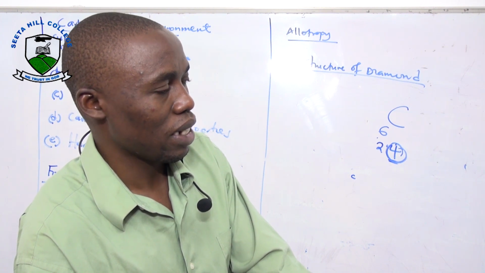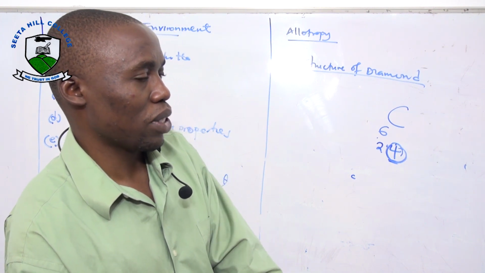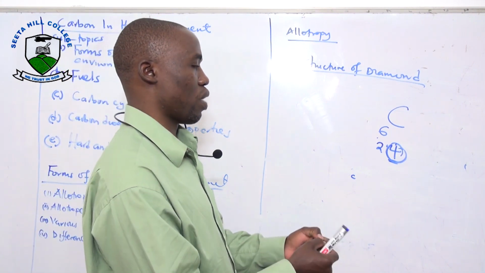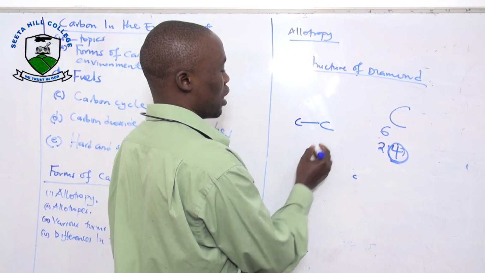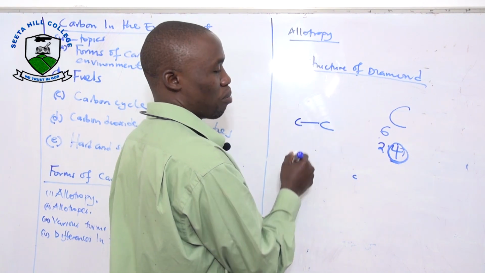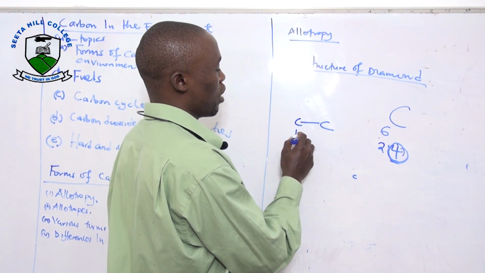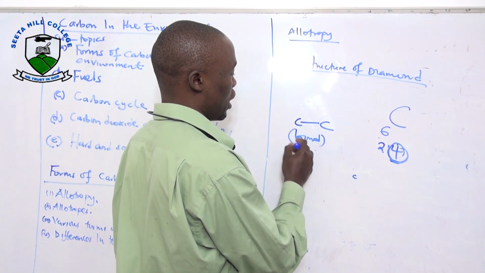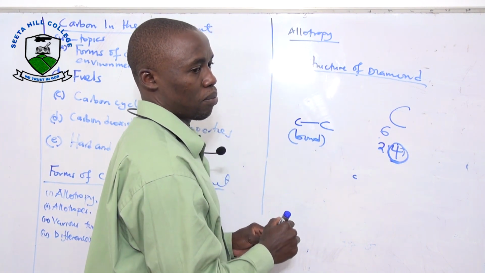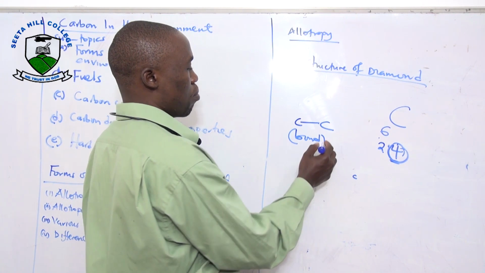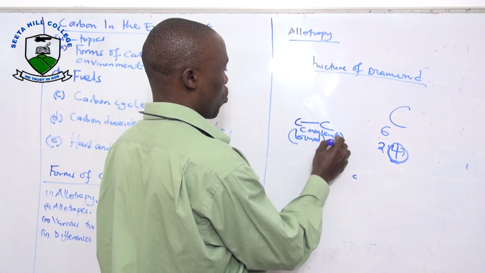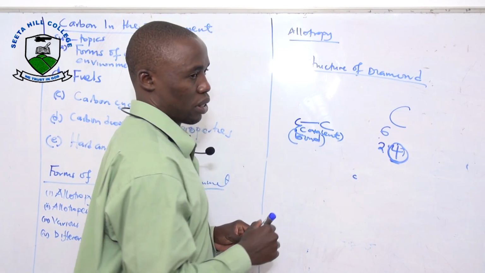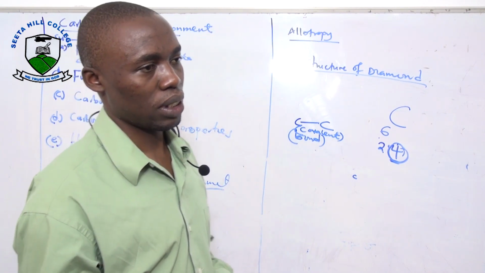A bond is a link, that word in chemistry, to link two atoms. When I say carbon is joining to carbon, the line joining them we call a bond, and that bond is called a covalent bond.